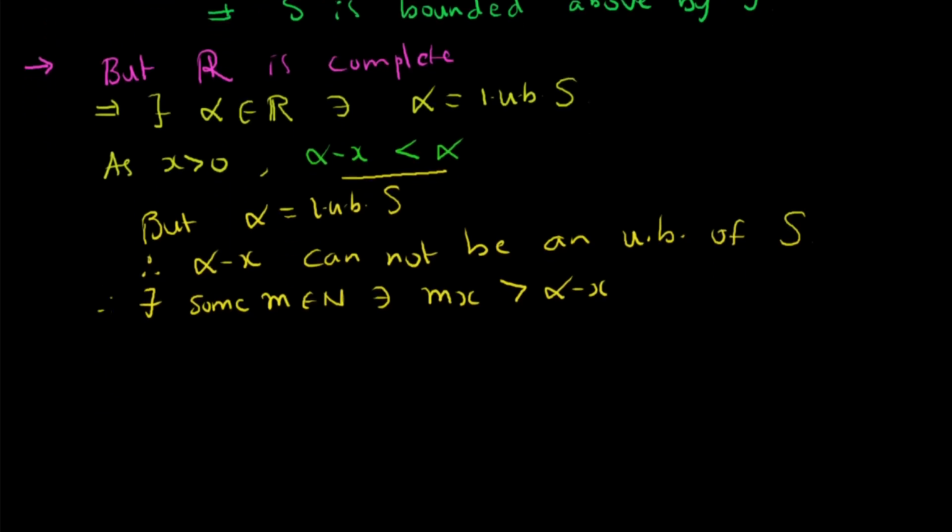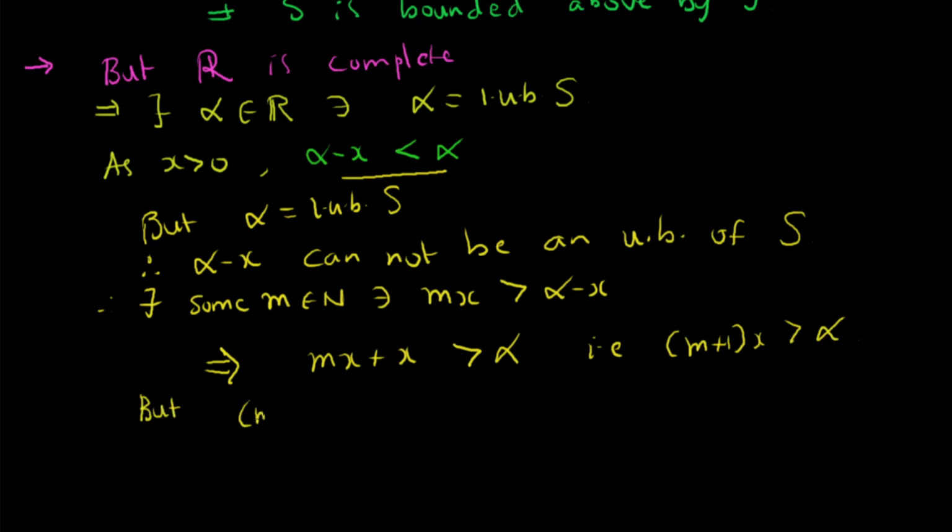And that gives us mx plus x greater than alpha, which means (m plus 1) times x is greater than alpha. But what is (m plus 1) times x? It is an element of the set S, because S contains all multiples of x. m is a natural number, so m plus 1 is also a natural number.